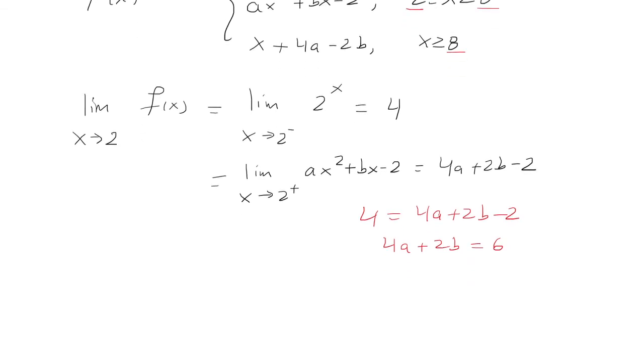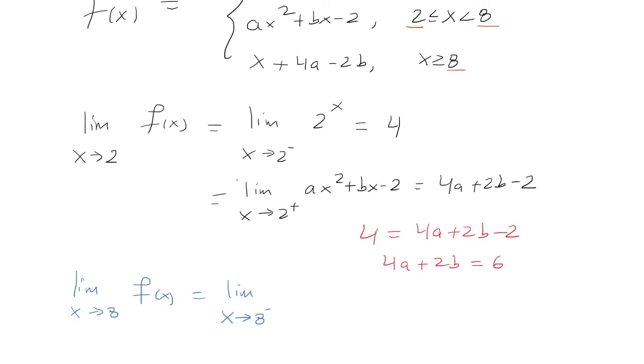Similarly, we have to look at x approaching 8 from both directions. Let's look at x approaching 8 from the left. That's x less than 8, which is this quadratic.